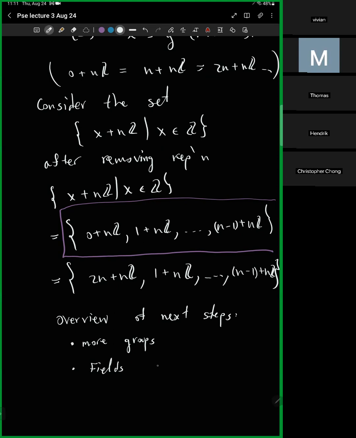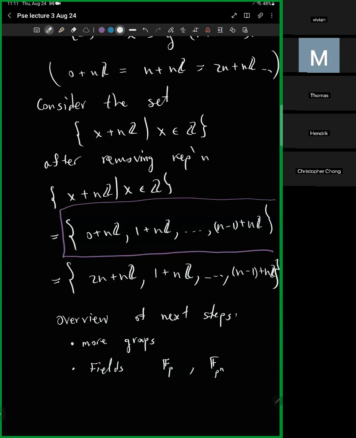Here, of course, you know the main example, the prime field, but in fact there are also fields of the form F_p^n.